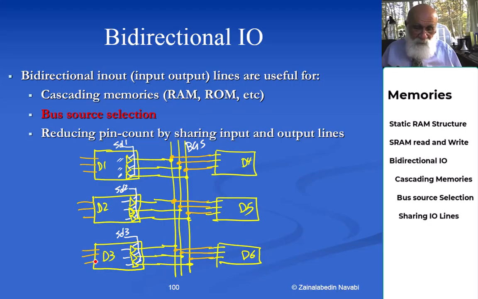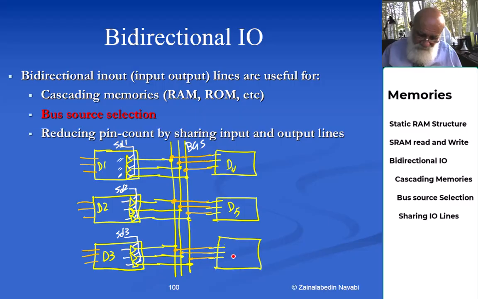And then for the devices on the right hand side, let me do this in yellow, we would also need D4, D5, D6.